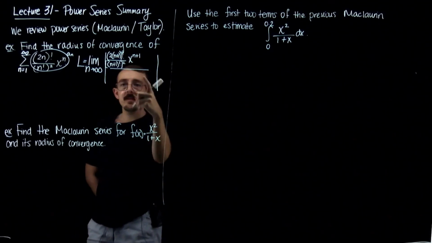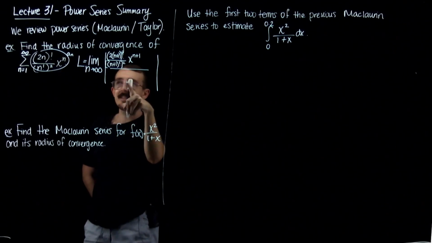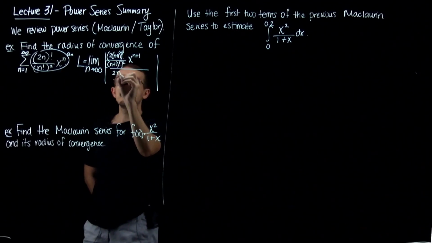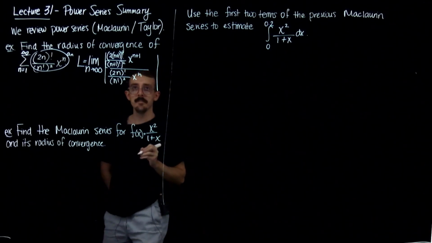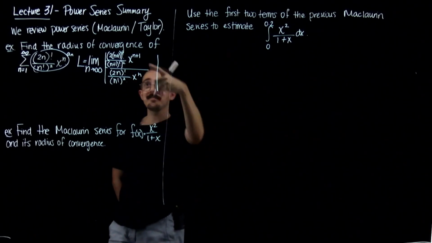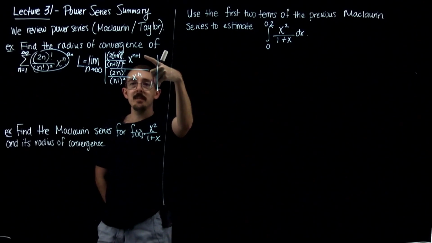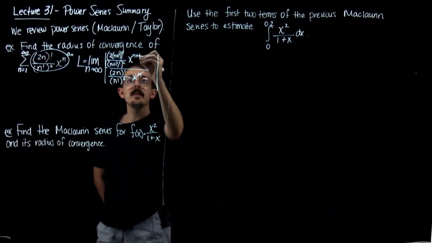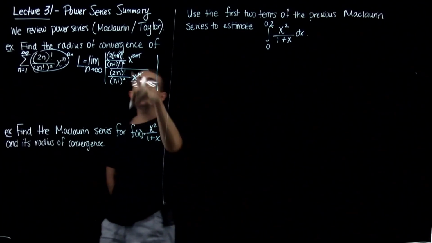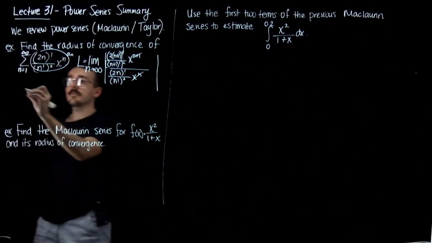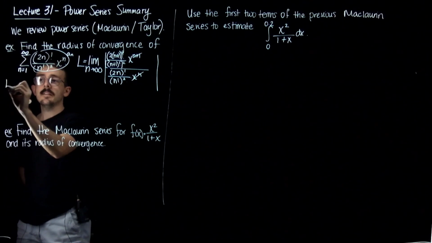And then in the denominator for the ratio test, you just plug in a sub n. So this is just going to be 2n factorial divided by n factorial squared, and then times x to the n. So right away, I notice that x to the n plus 1 and x to the n are all going to cancel out except I have one more factor of x in the numerator. And then think about doing keep, change, flip for this fraction. So L is going to equal the limit as n goes to infinity.